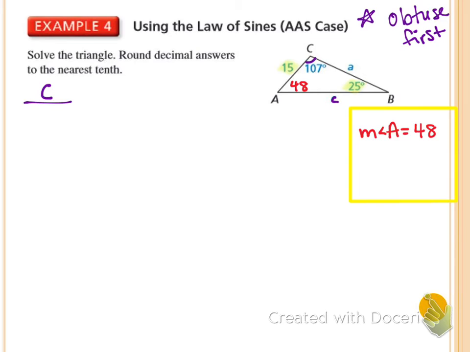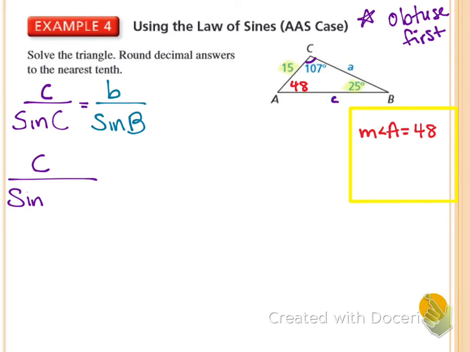So remember, you put what's missing in the top. So we're going to do side C in the top, and then sine of angle C in the bottom. And then we're going to use our known pair, which are the B's. Side B over sine of angle B. So C over sine, angle C is 107, and it will equal side B, which is 15, over sine of angle B, which is 25.